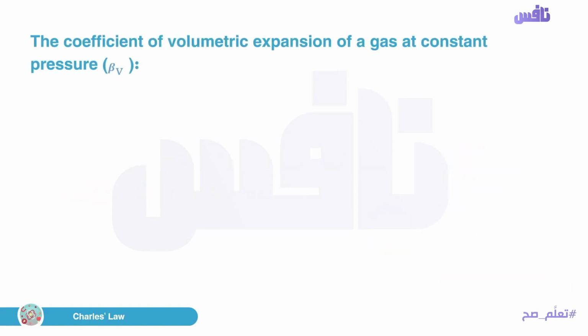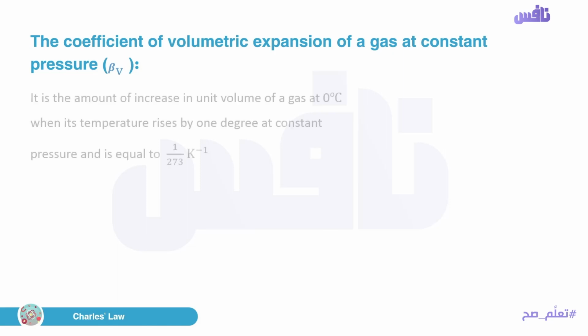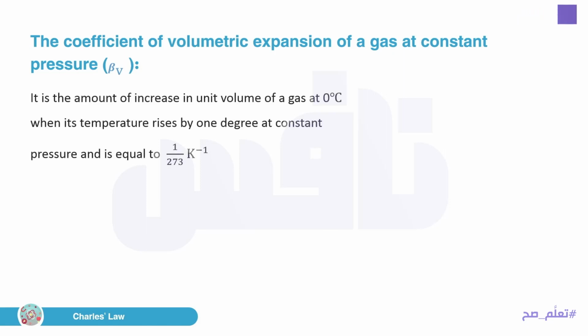And now, the coefficient of volumetric expansion of a gas at constant pressure, which is beta V. First, the amount of increase in unit volume of a gas at 0 Celsius when its temperature rises by 1 degree at constant pressure is equal to 1 over 273. This is the coefficient of volumetric expansion.